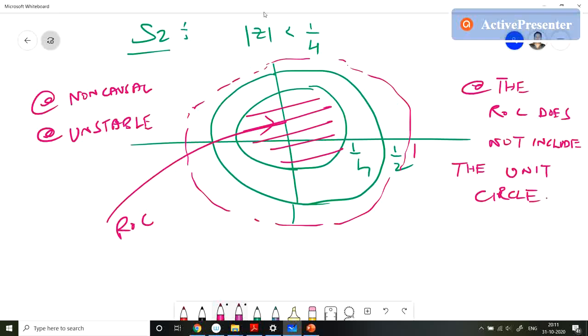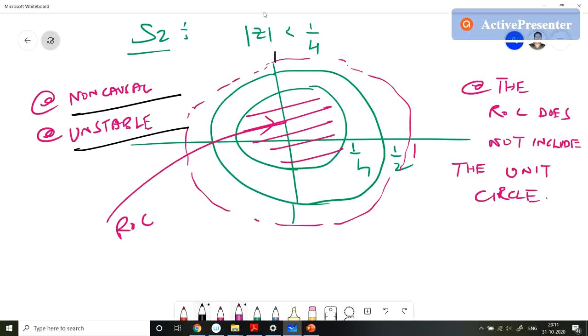The ROC does not include the unit circle, so it is unstable, and also it is non-causal.